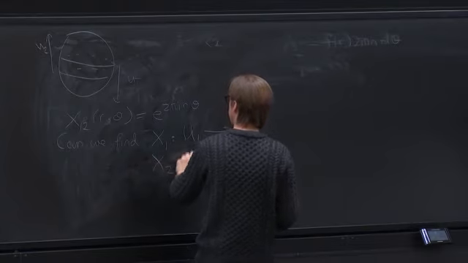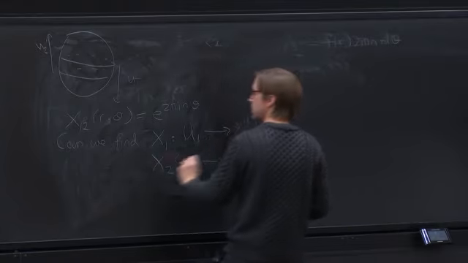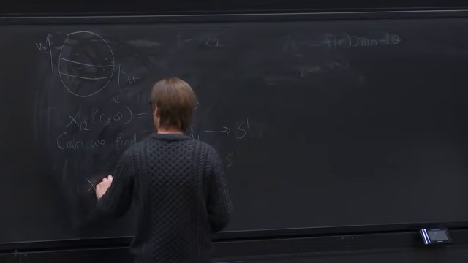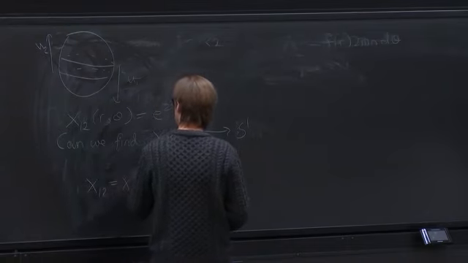And x2 from U2 to the unit circle, so that x1,2 is x1, x2 inverse.